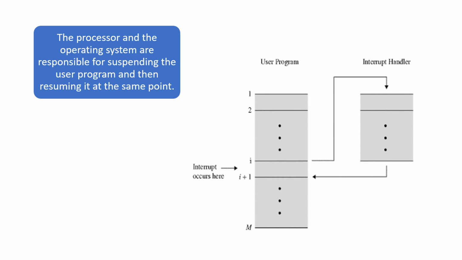After the interrupt is serviced by the interrupt handler, the control again comes back to the user program, which resumes its operation, that is, the execution from where it stopped, from the particular point.